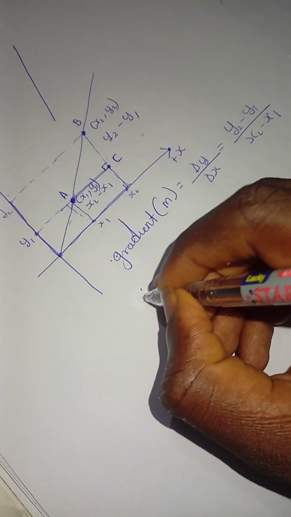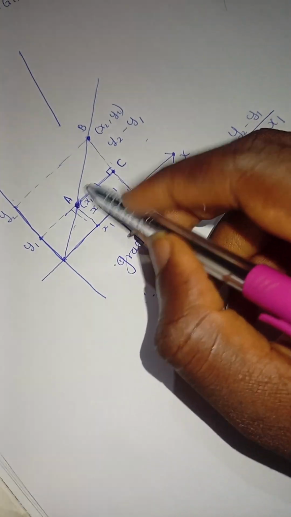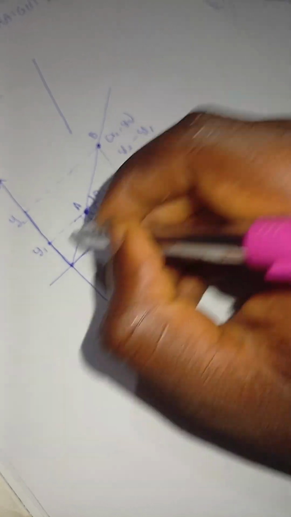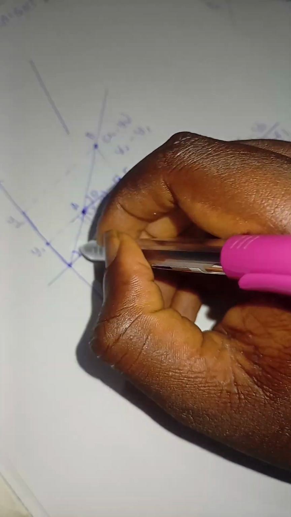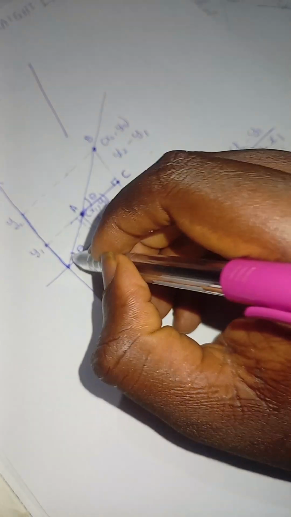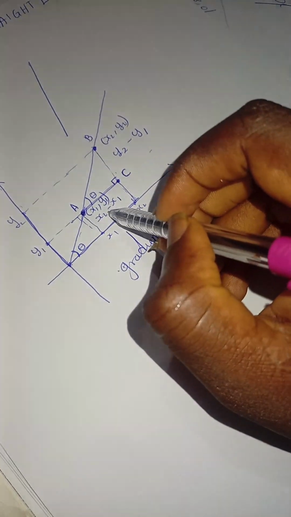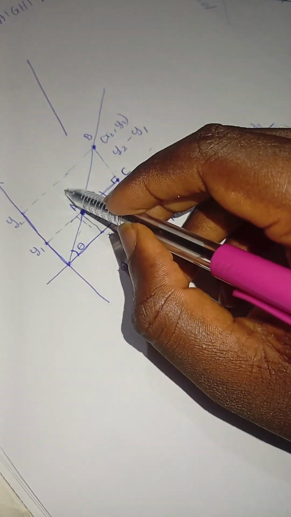The next thing you should know is that if you look very well, let's say there's an angle here, which corresponds to this angle here. Let's say this is opposite, adjacent, hypotenuse.